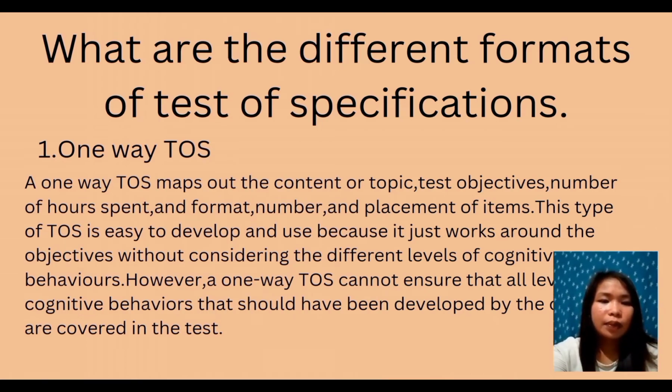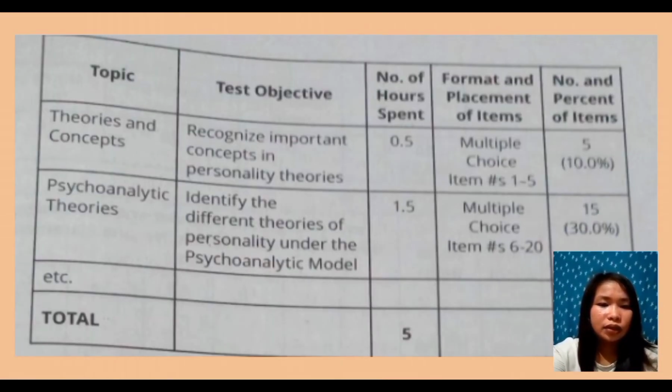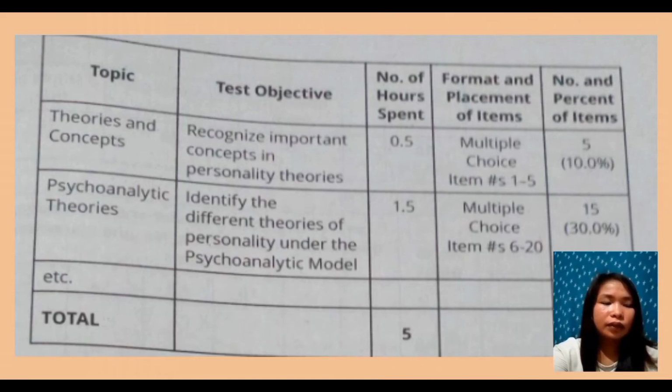Here are the examples of one-way TOS. Topic: theories and concepts. Test objectives: recognize important concepts and personality theories. Number of hours: 0.5. Format and placement of items: multiple choice items, number 1 up to 5. Number and percent of items: 5 or equivalent to 10.0%.